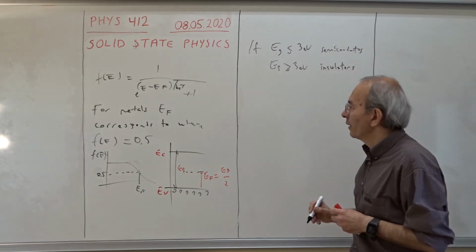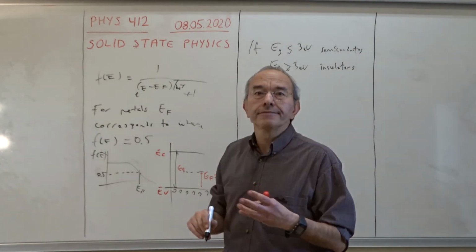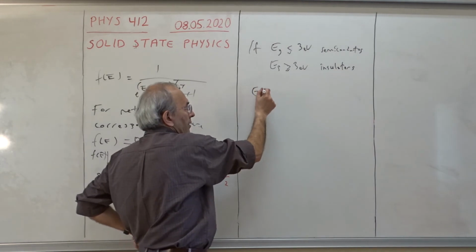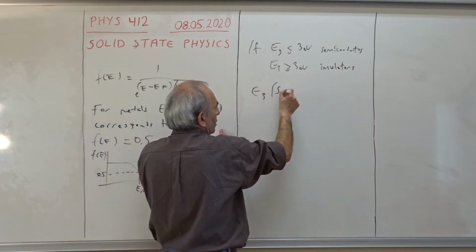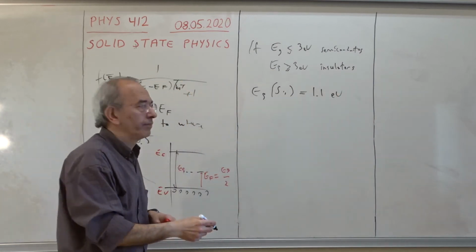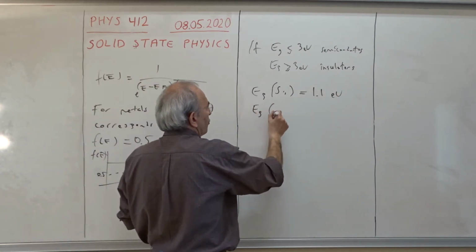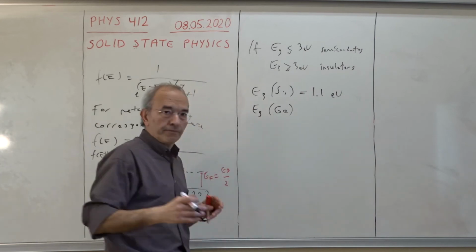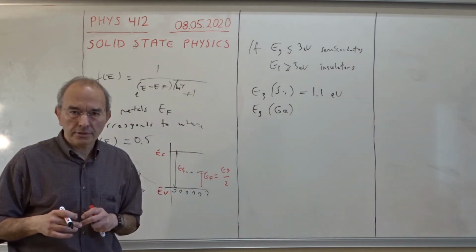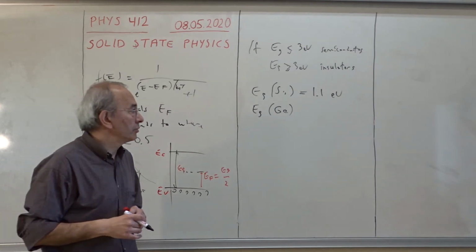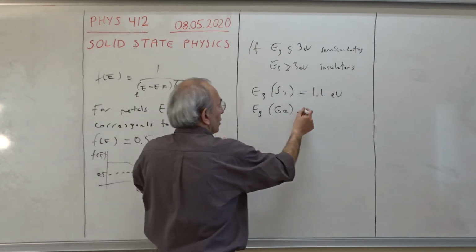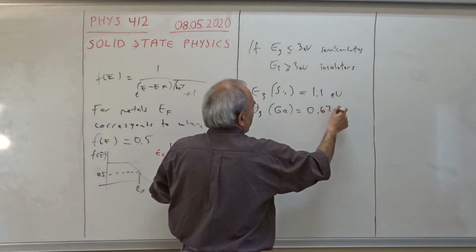Semiconductors, insulators. For instance, diamond, silicon. Let's compare them. The energy gap for silicon is 1.1 electron volt. The energy gap for germanium, which is also a very important type of semiconductor used in applications, is 0.67 electron volt.